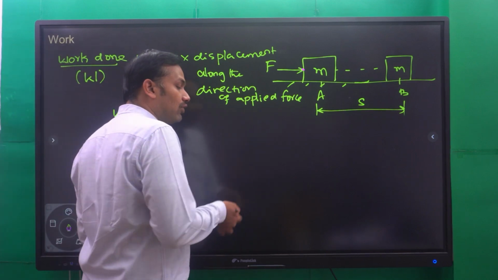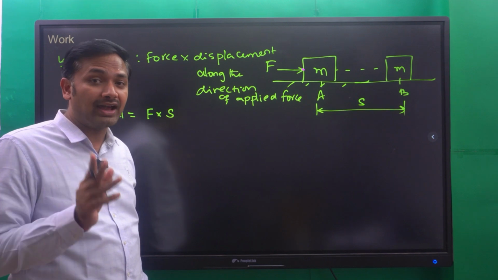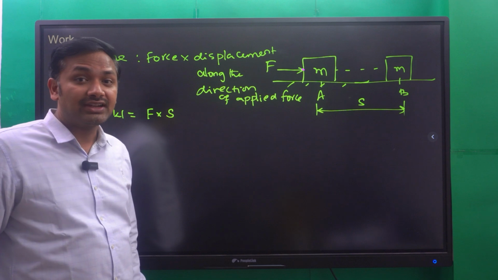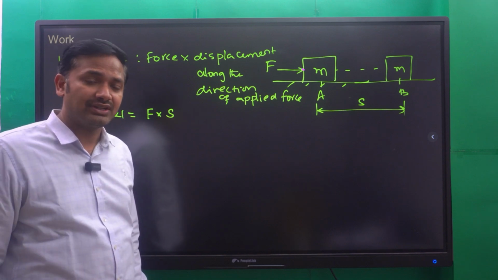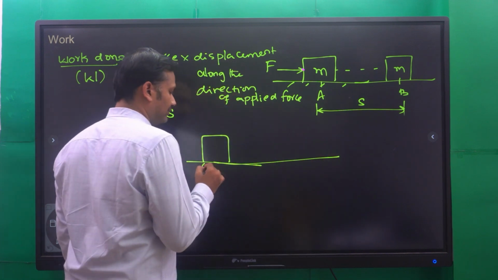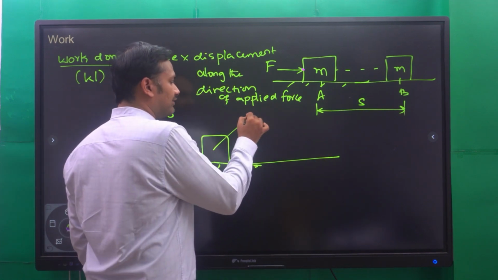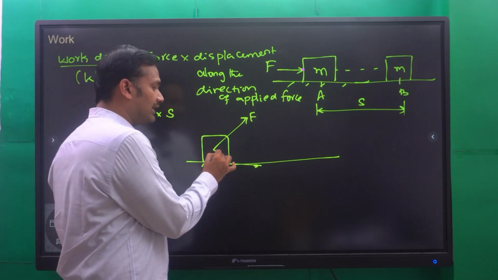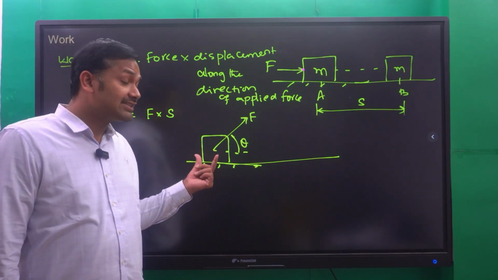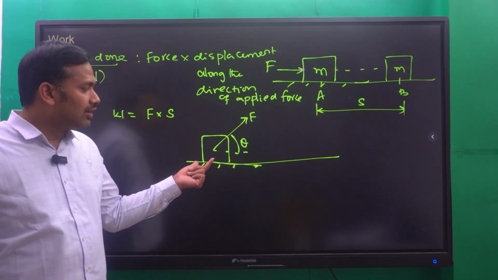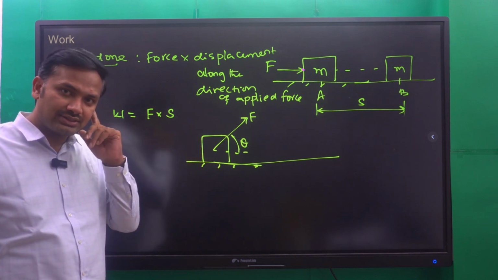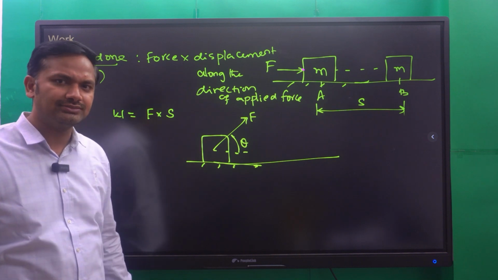Now, what happens when the applied force makes an angle with the direction of the displacement? Suppose this is a block, and a force F is applied inclined to the horizontal, making an angle theta with the horizontal.